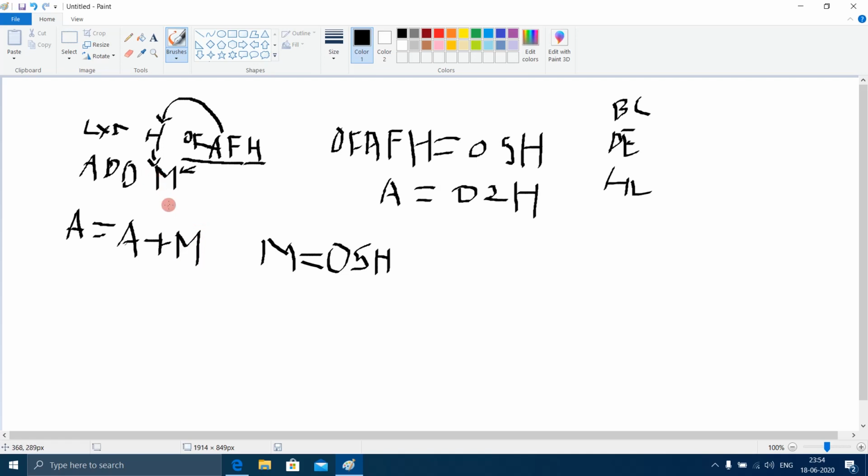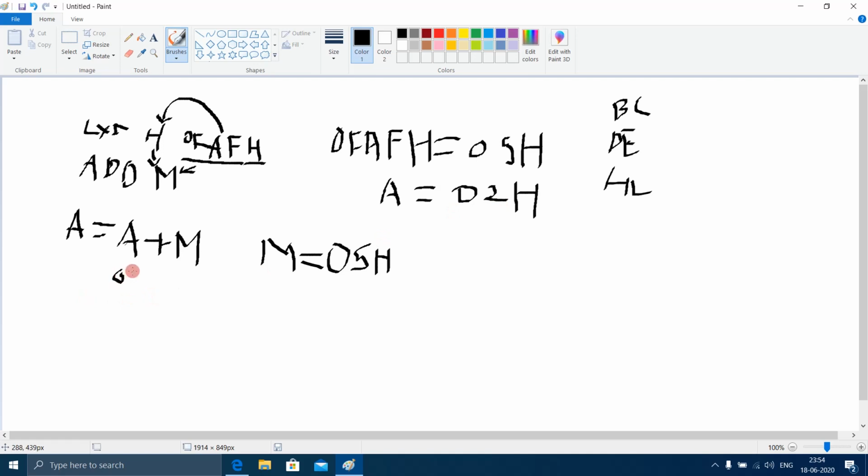Had there been the C register, ADD C, then A is equal to A plus C would have been there. But because here it is M, M is memory. So what is there in M? 05, and we had assumed that in the accumulator 02 is there.